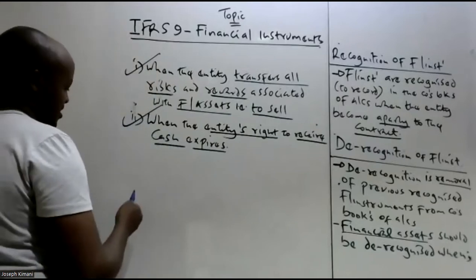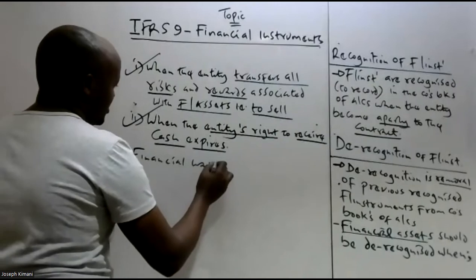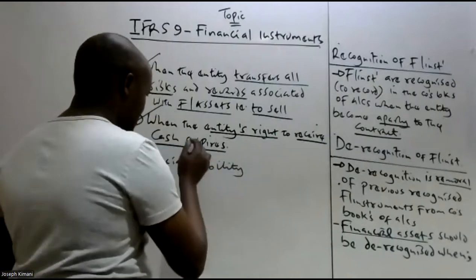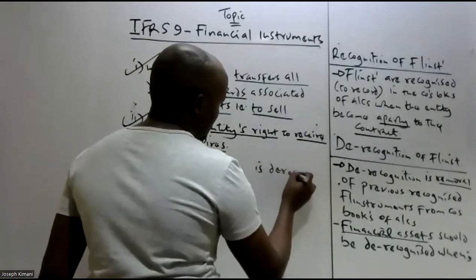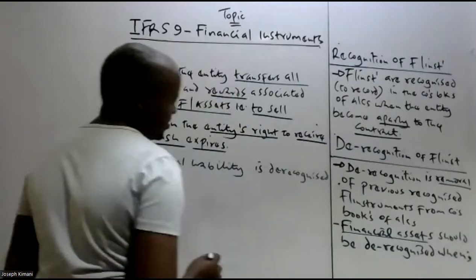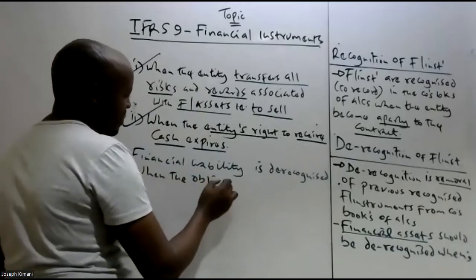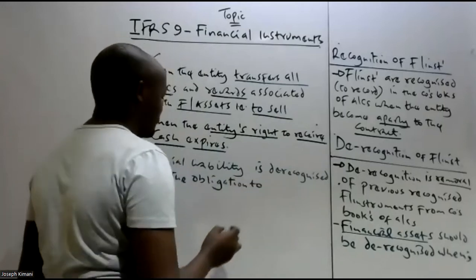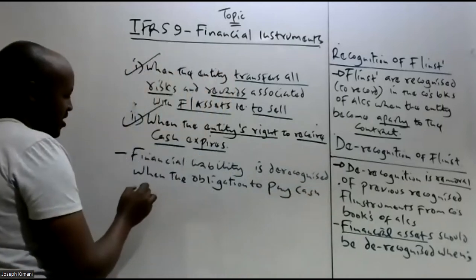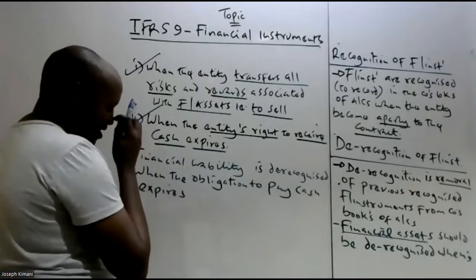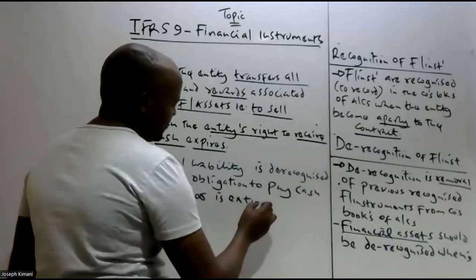We can say here that a financial liability is derecognized when the obligation to pay cash expires or is extinguished.